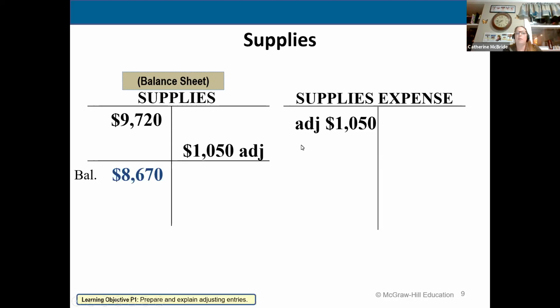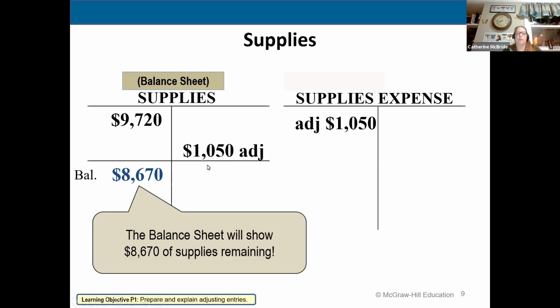So we have $1,050 of supplies expense, and we're going to reduce supplies $1,050. So when we're done with this, on our balance sheet, we're going to have a balance of 8,670 in supplies. On our income statement, we're going to have supplies expense of 1,050.